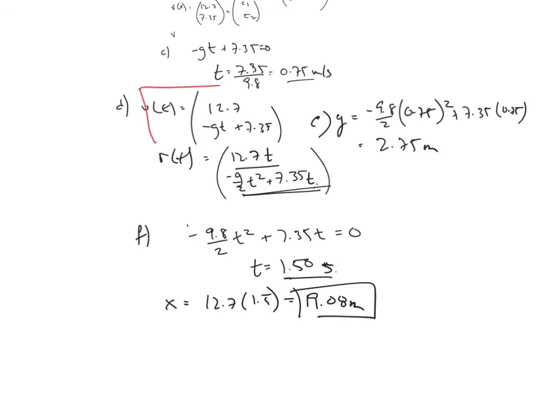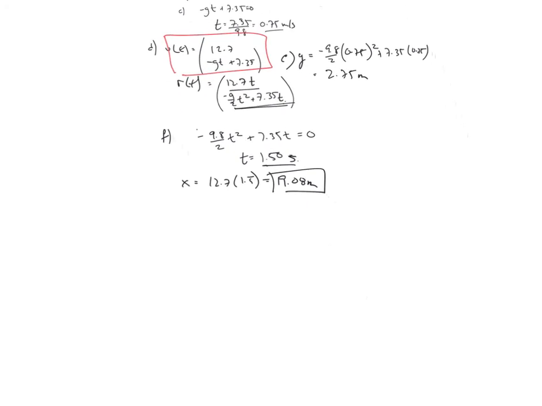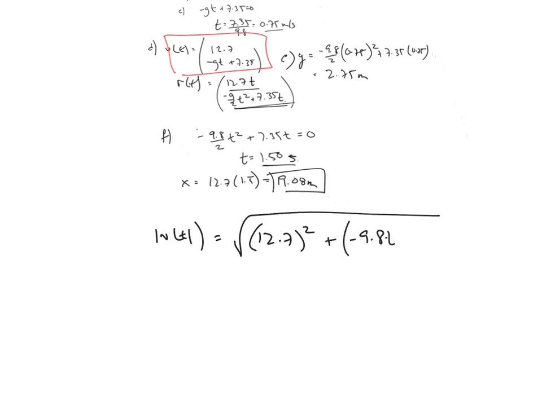So I take my velocity and find its magnitude, which is the square root of 12.7 squared plus negative 9.8 t plus 7.35 squared. I want this to be a minimum.